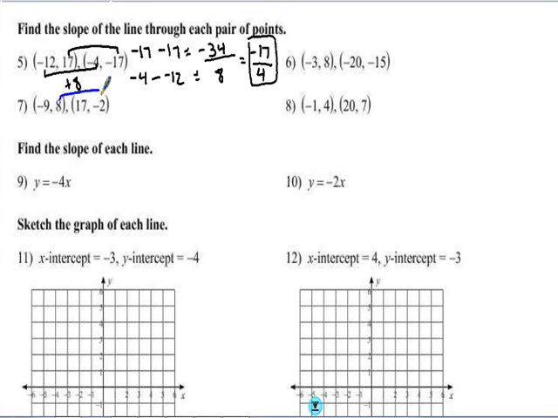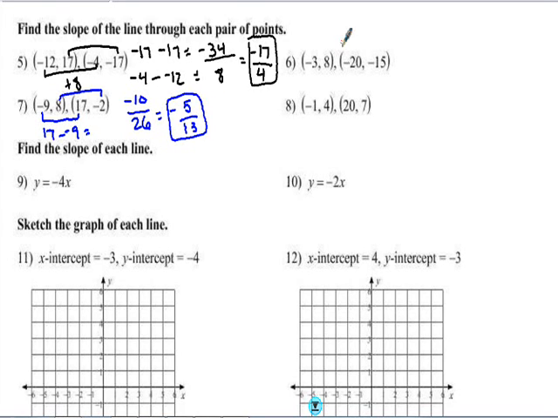So from 8 to negative 2, that's going to be a difference of minus 10. And then from negative 9 to 17, that's too big. I can't figure that out. So 17 minus negative 9 is 26. So I have negative 10 over 26, and that's going to simplify to negative 5 over 13.